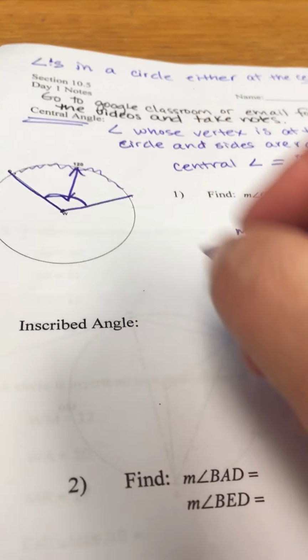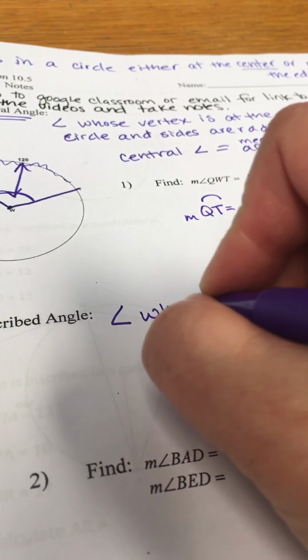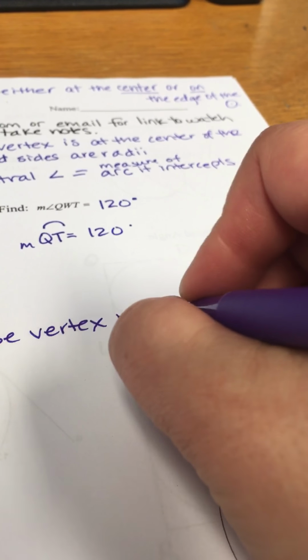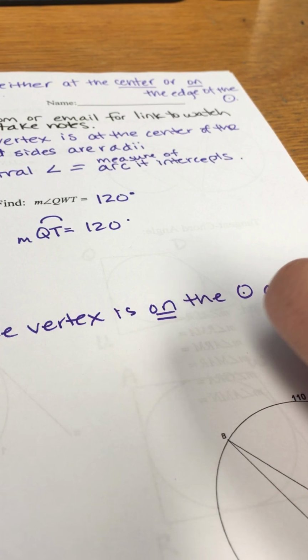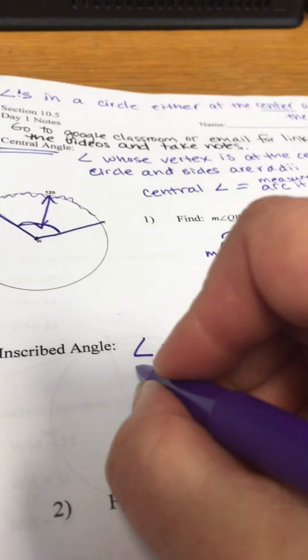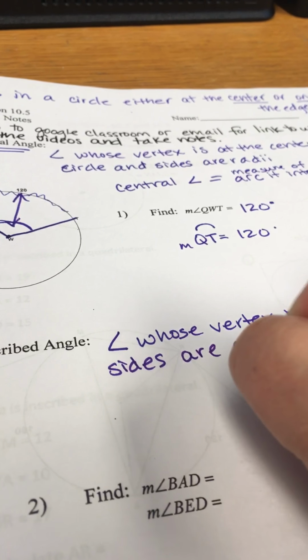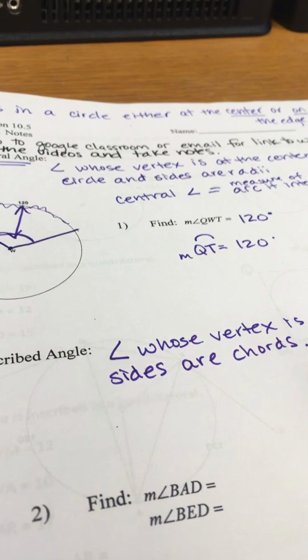All right, the next one is an inscribed angle. We've seen these a little bit. It's an angle whose vertex is on the circle and the sides are chords. So they're going to go completely across from one side of the circle to the other side.